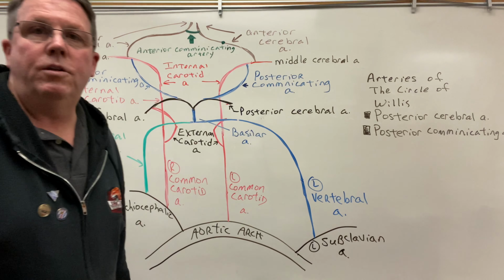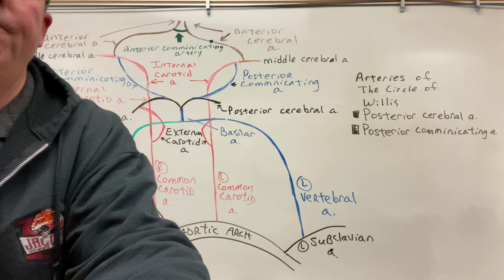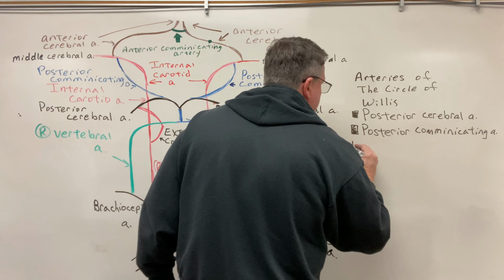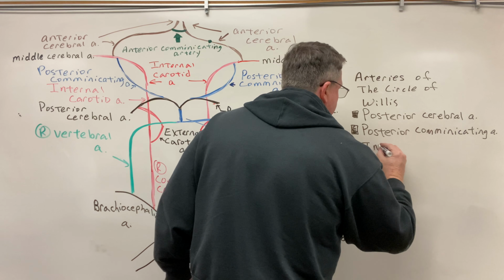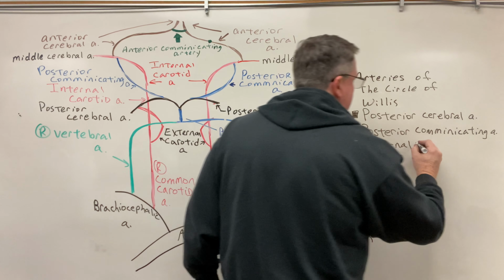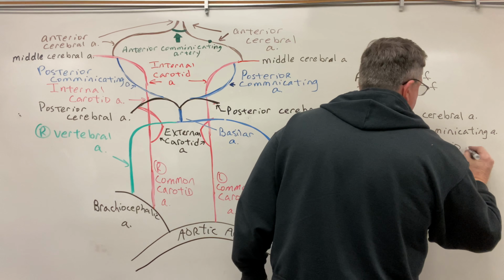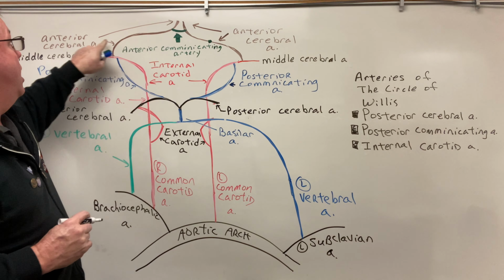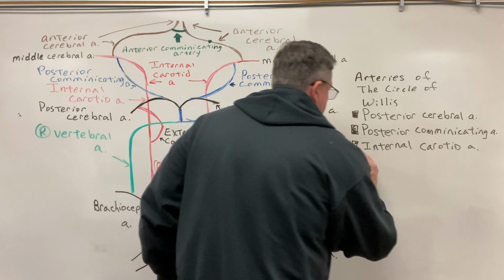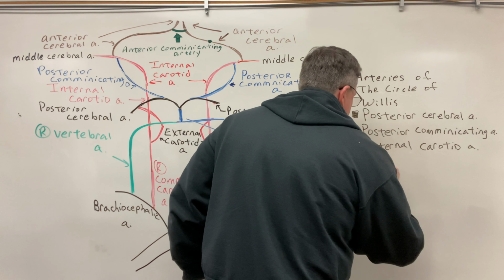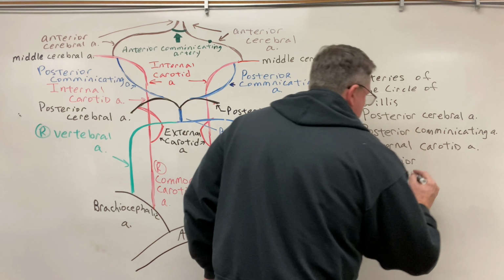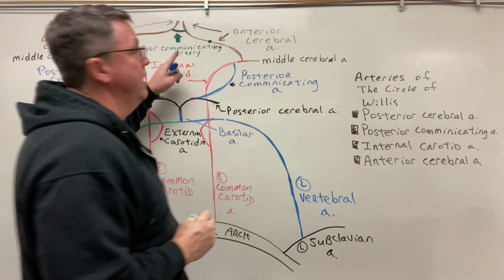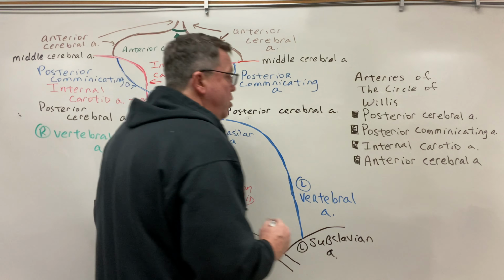Okay, so my posterior communicating artery, let's move that over even just a little bit more. All right, and then we have the internal carotid artery. Okay, and then after the internal carotid artery, we're going to have the anterior cerebral artery. And then last but not least, we are going to have our anterior communicating artery.